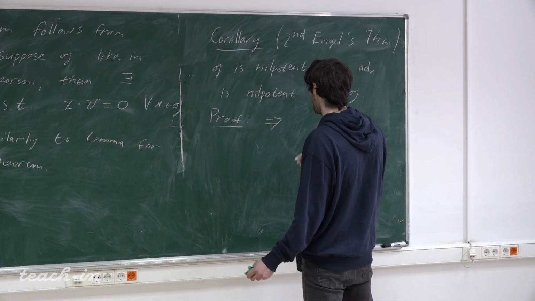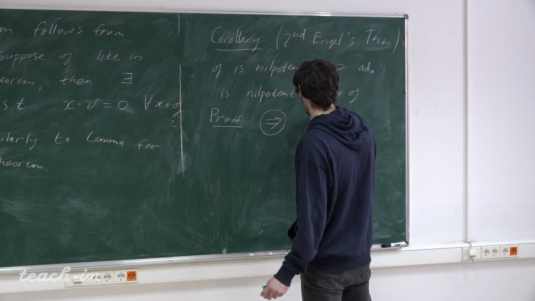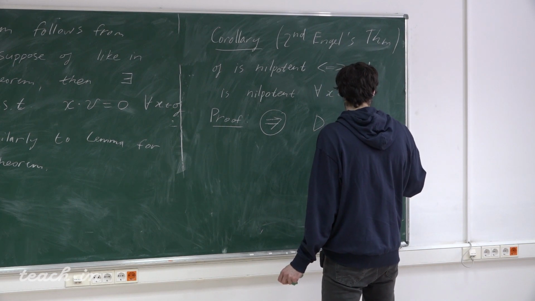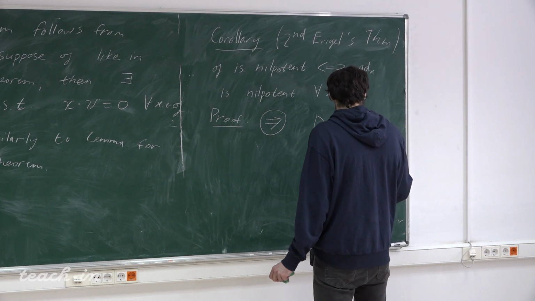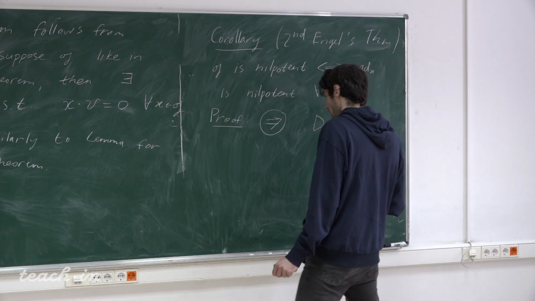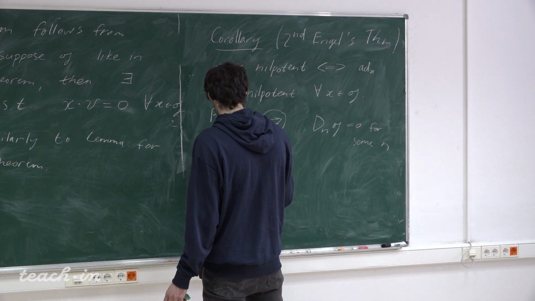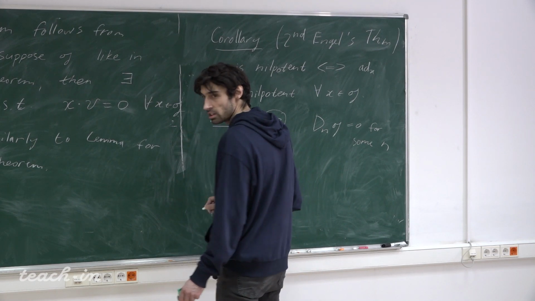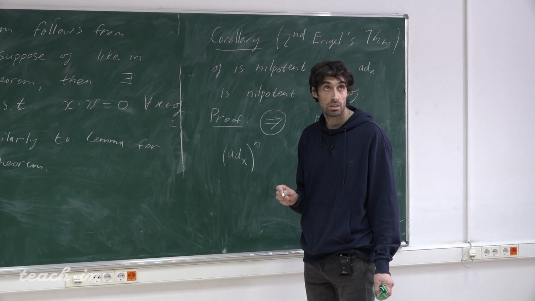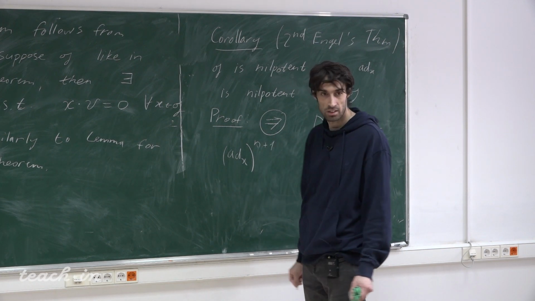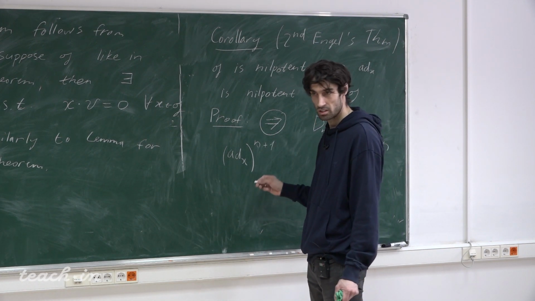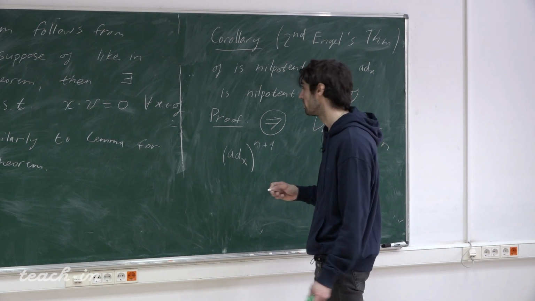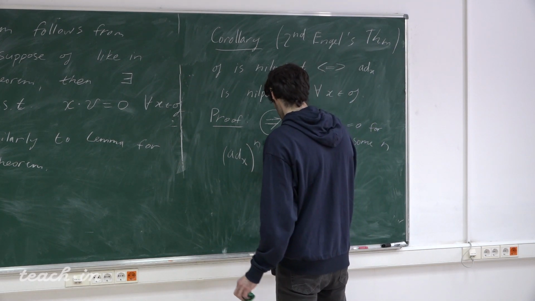If g is nilpotent, it means that D^n g is 0 for some n, and it means that ad x to the power n plus 1, maybe even n, is 0.